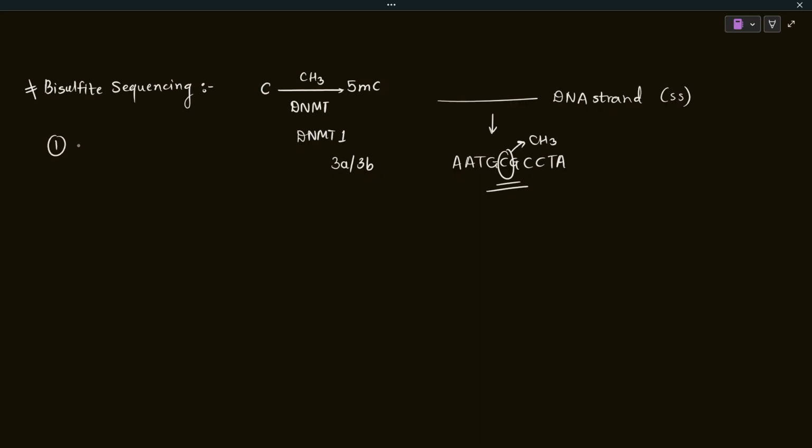Let's learn about this sequencing method step by step. First, we denature the DNA. DNA denaturation happens at a very high temperature, at 95 degrees Celsius, so you'll get nice single stranded DNA. Now after the DNA denaturation, at low pH, about pH 5, you add sodium bisulfite.